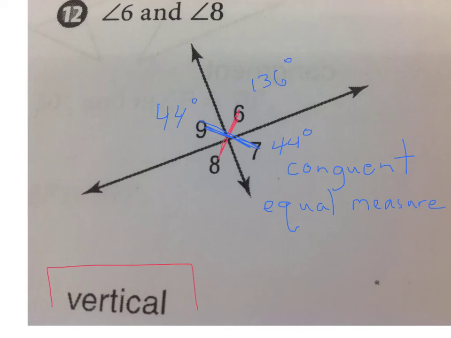And since it's a vertical angle with 8, I know this one's 136 degrees. So knowing just one angle, you can often figure out the measurement of the rest without actually using your protractor. So the important word here in this slide is vertical. Vertical angles are angles 6 and 8, or also in this example, angle 9 is vertical with angle 7.